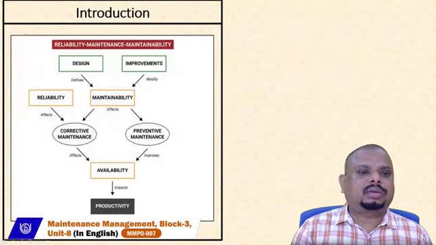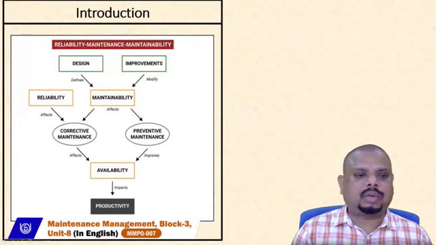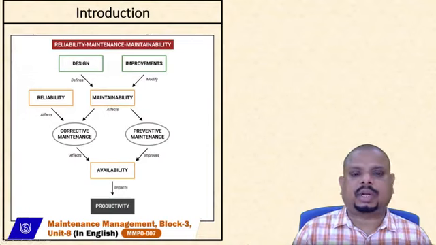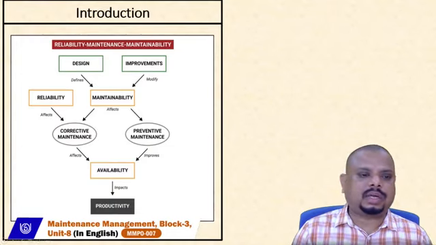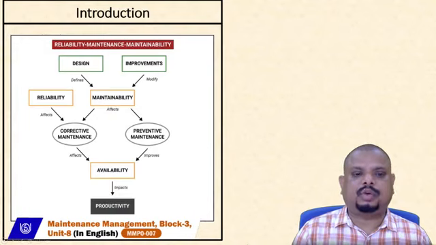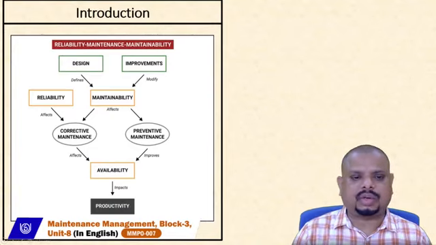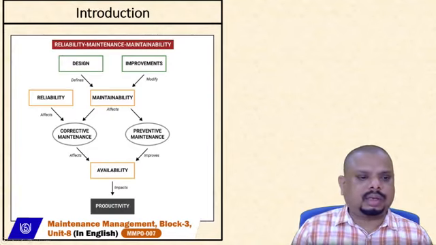Moving to the next one. Before going to this particular introduction, we have to understand the different aspects of reliability, maintenance, and maintainability with respect to productivity. As far as design is concerned, design defines the maintainability, and improvement is implemented to modify the maintainability to improve the performance of machines as well as equipment.